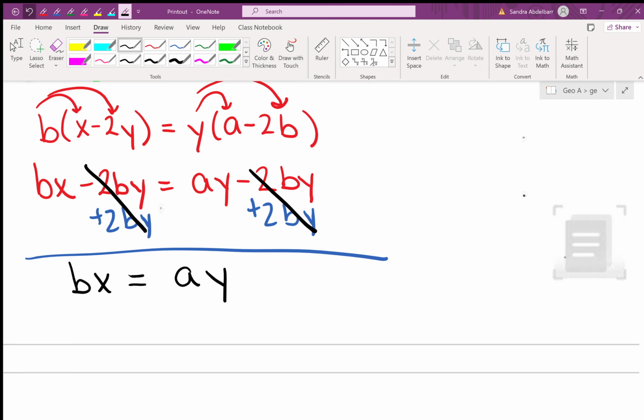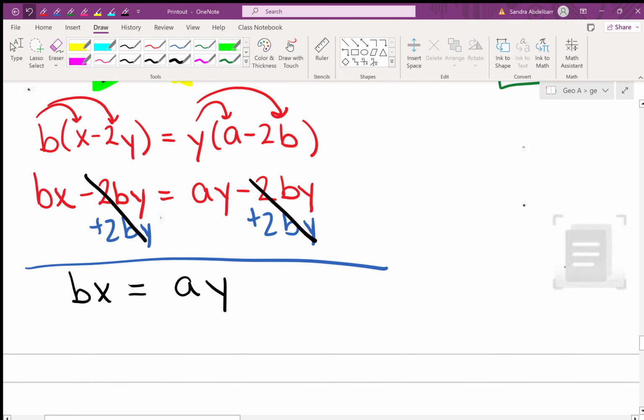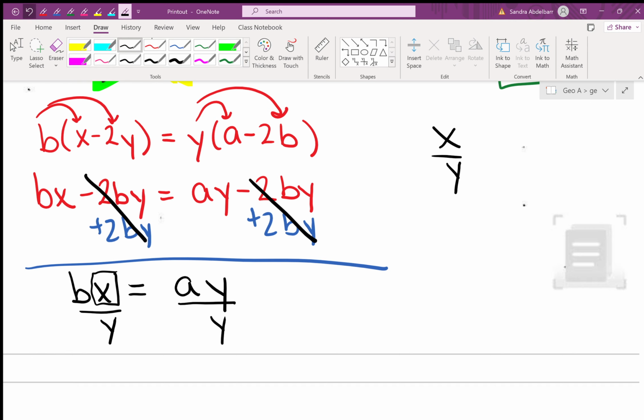I think the majority of people said they like the algebraic way, right? Is that what we said? All right, so if we like the algebraic way, what did I ask us to find? The ratio of x to y. So what do I need in the numerator? X. So I'm going to leave this x here, and I'm going to divide by y.